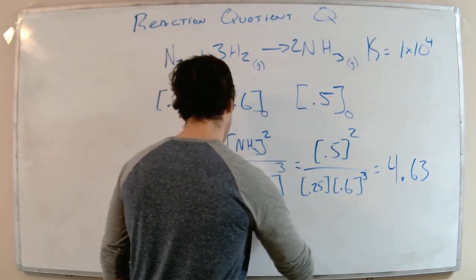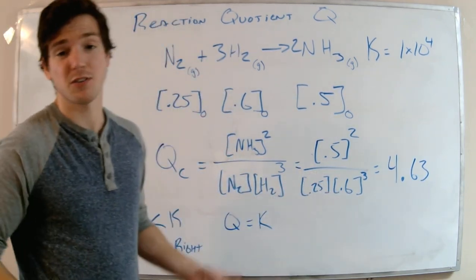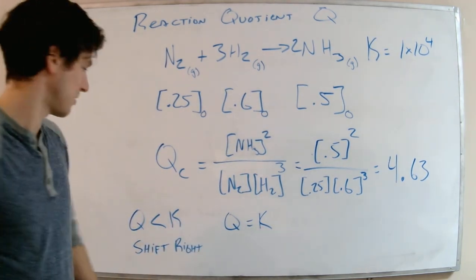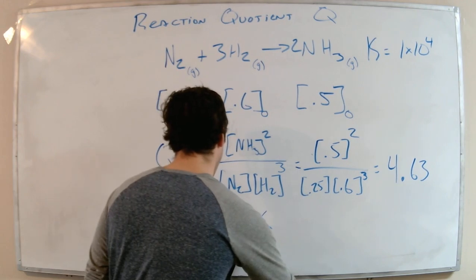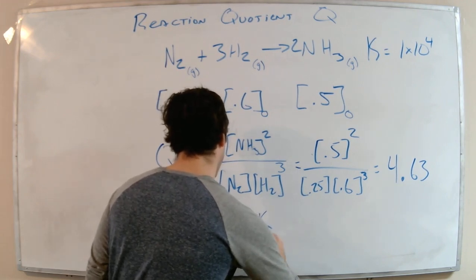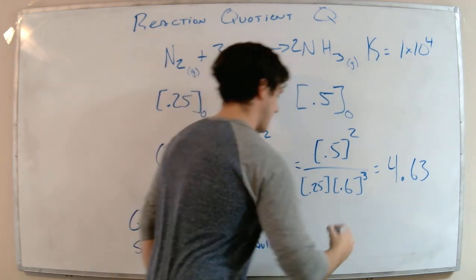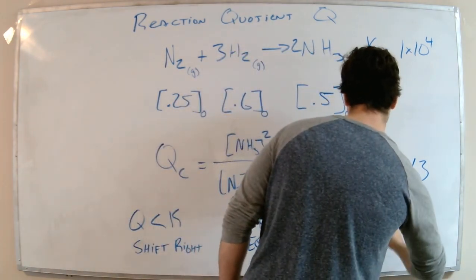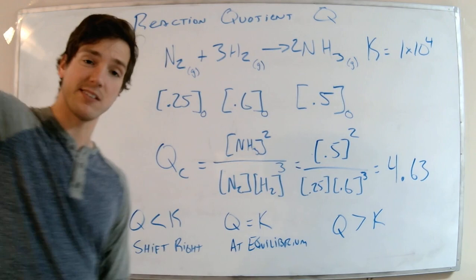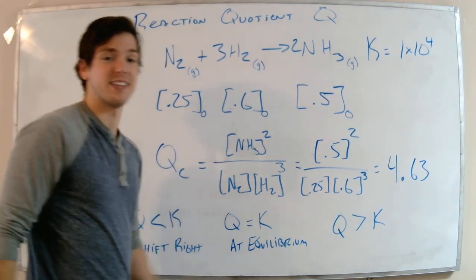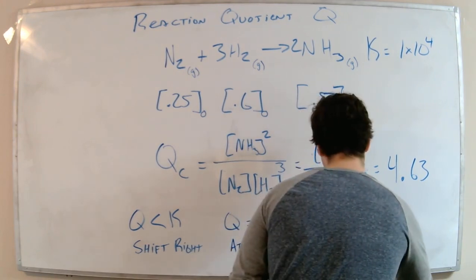If your Q is equal to K, that means you're already at equilibrium. I pretty much gave you the equilibrium concentrations. So if Q equals K, you are at equilibrium. And then if Q is greater than K, you have gone past equilibrium and things need to come back to balance out and things need to shift left.